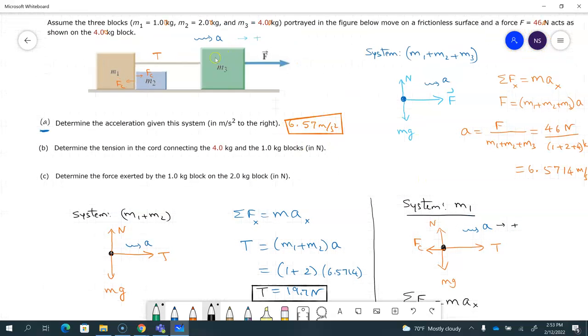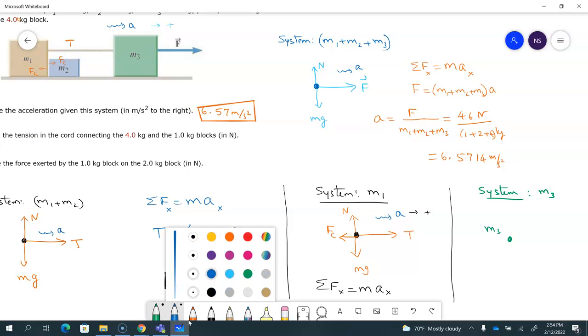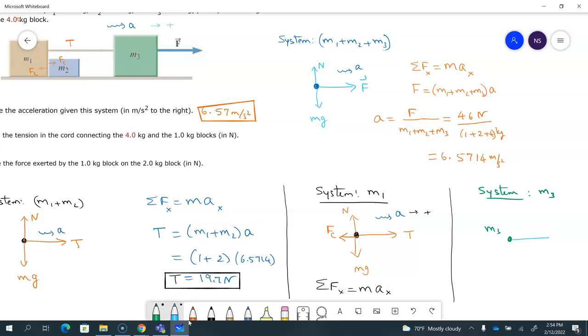I could have chosen M3, for example, as my system. So if I choose M3 as my system, then for M3 I have the force F that's pulling on it, and I have, of course, the weight and the normal force, mg with M3 and the normal force.